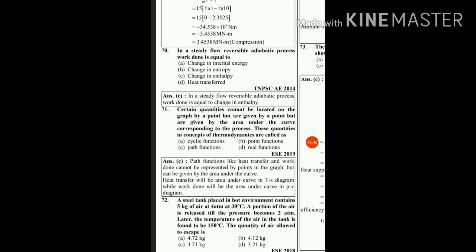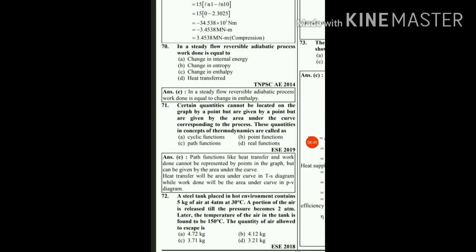The next question: certain quantities cannot be located on a graph by a point but are given by the area under the curve corresponding to the process. These quantities in the concepts of thermodynamics are called path functions. Work and heat are path functions.